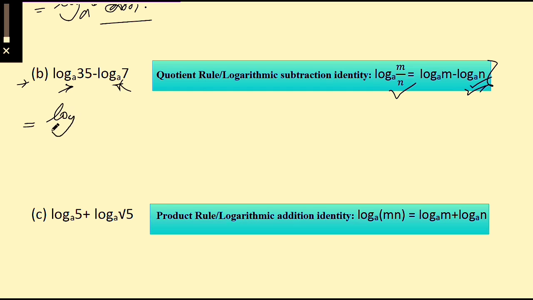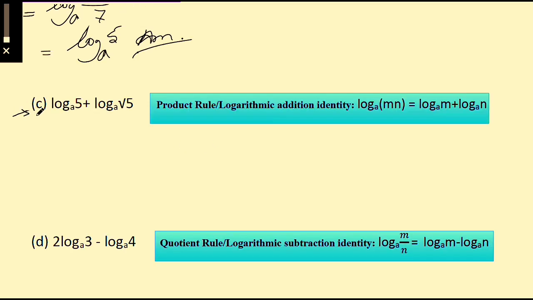So following this rule, we can write it as a single log 35 over 7 to the base of a. If we divide 35 by 7, then we will get 5. So finally we got log 5 to the base of a, and this is our final answer.